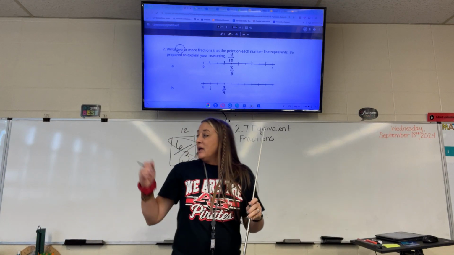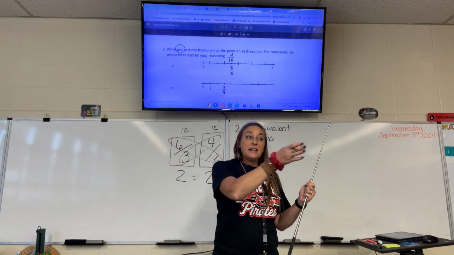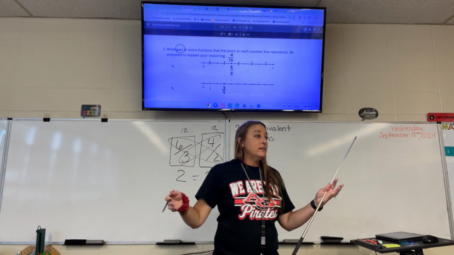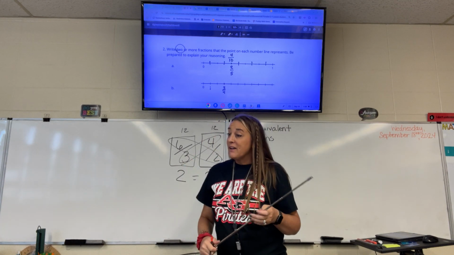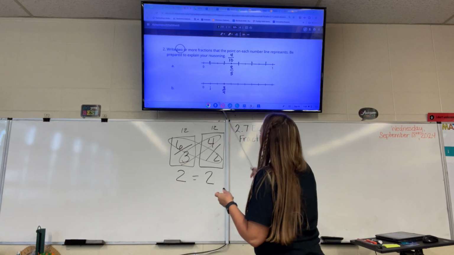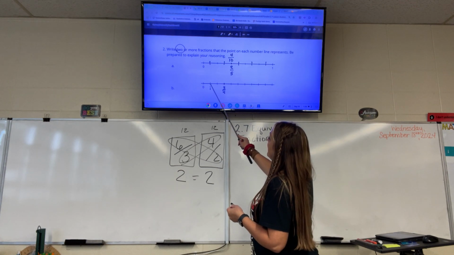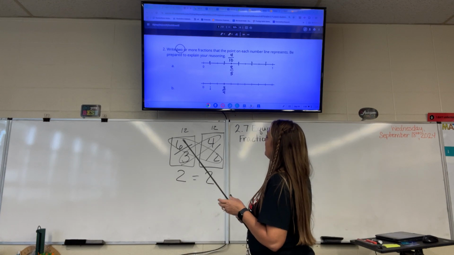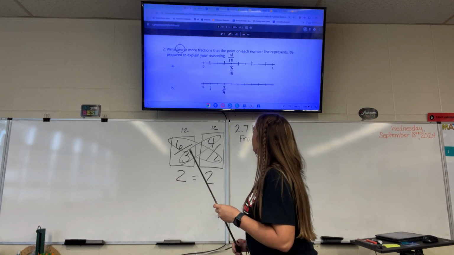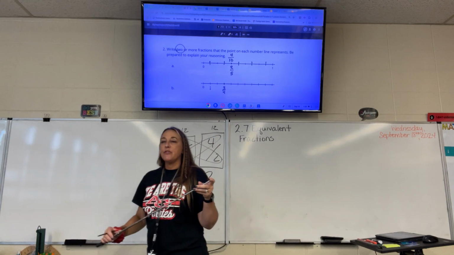And so Athena's strategy of counting the spaces between 0 and 1 wouldn't work so well on this one. So we have to use the information that we have. If we know that this is 1/4 and we jump again, that would be 2/4, and jump again, that would be 3/4.